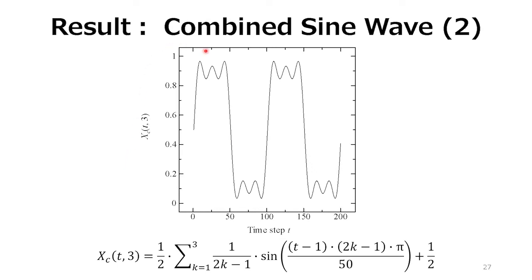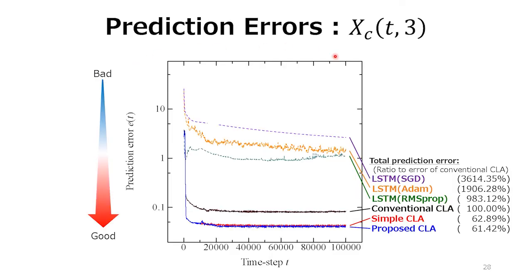Next, we use this combined sine wave. This figure shows the prediction error histories by 6 methods on the combined sine wave. These values are ratio of the total error to the conventional CLA.